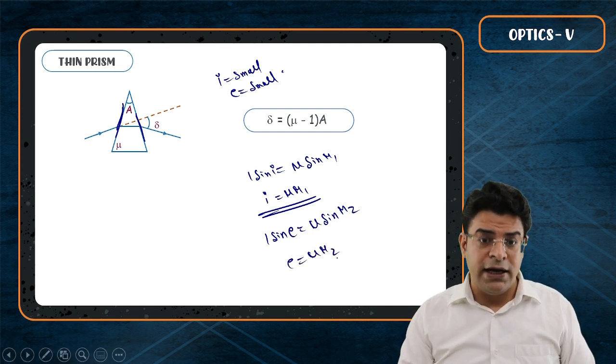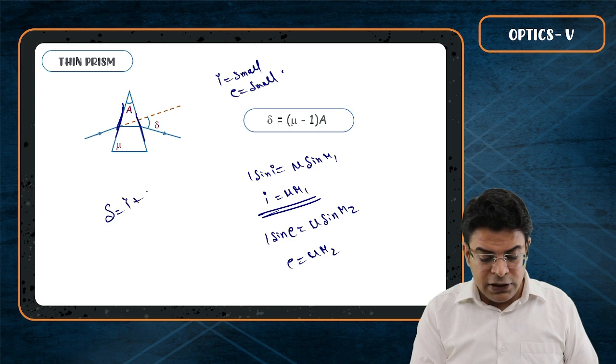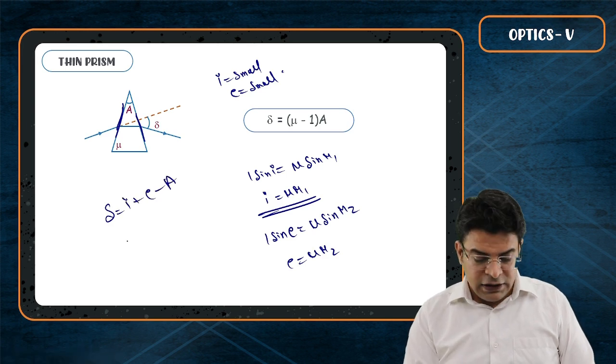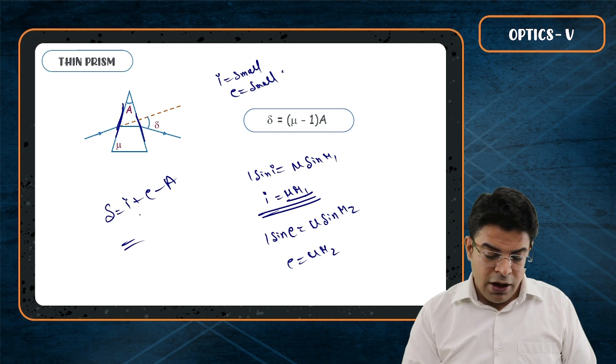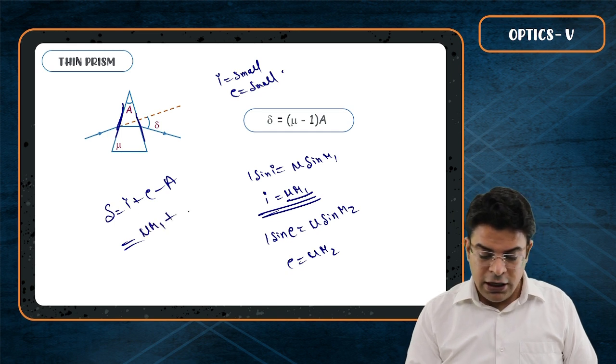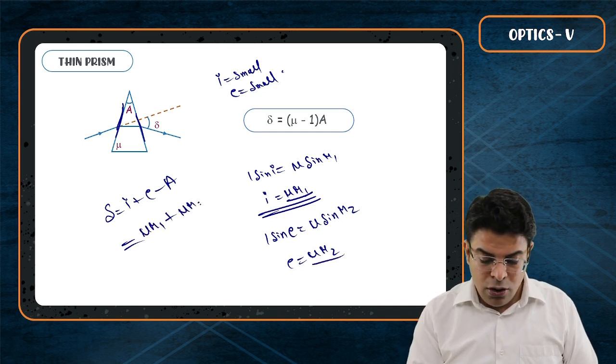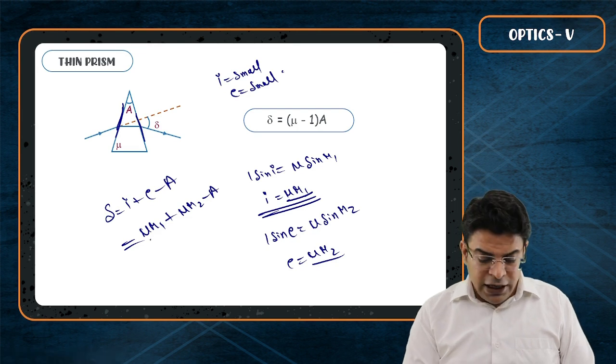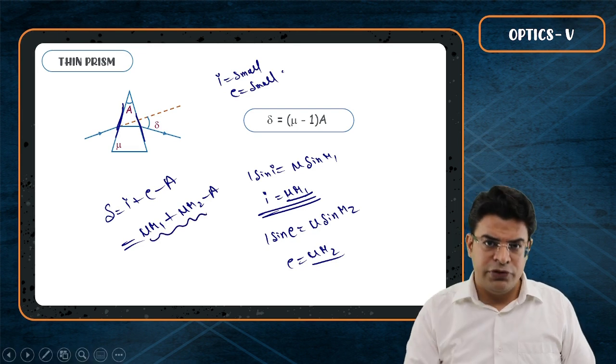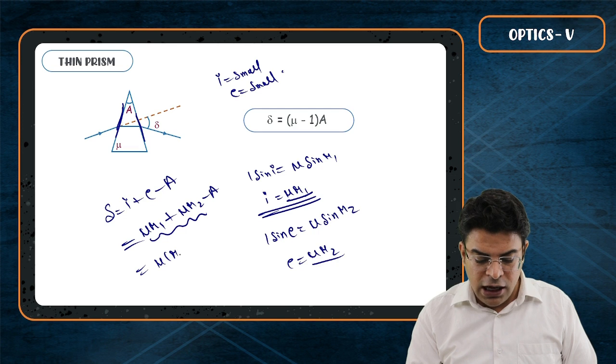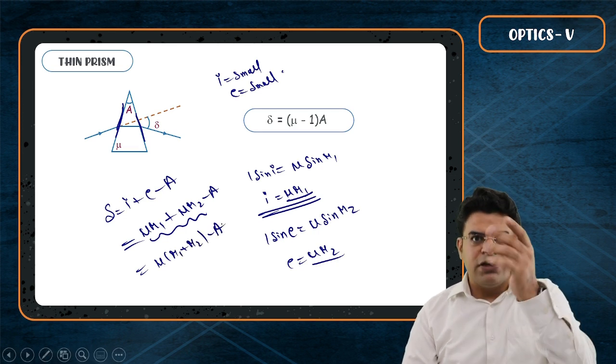And you know that the deviation is nothing but I plus E minus A. So that can be written as, in place of I, mu r1, in place of E, mu r2, minus A. If you take mu common from the first two terms, you will get mu times r1 plus r2 minus A, and r1 plus r2 is nothing but the apex angle.